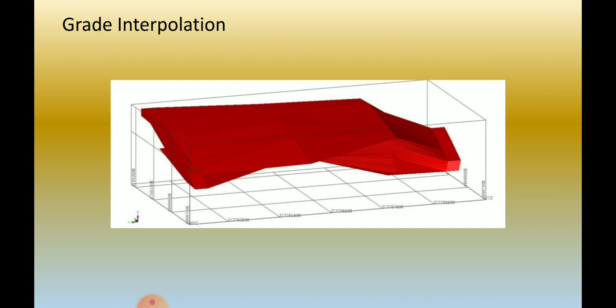The dimension of the cell will be decided on a basis like, if our area is in kilometers by kilometers, we can give our cell size like 100 by 100 meters, and the height of the cell can be 10 meters or 20 meters as per the bench size when we open our mine.